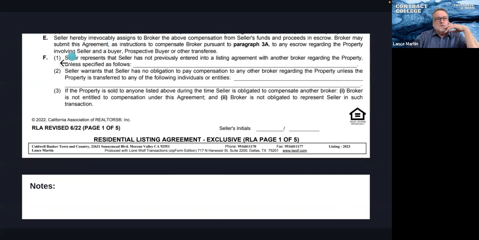The seller has not previously entered into a listing agreement. So the seller in effect says, hey, you're the only person I'm dealing with. Okay. And if I have, then I'm going to put it in here. Those of you that are working expired listings, canceled listings, withdrawn listings, this is an area that you're going to want to potentially keep a little bit of extra focus on. You know that they were listed with ABC Real Estate previously.